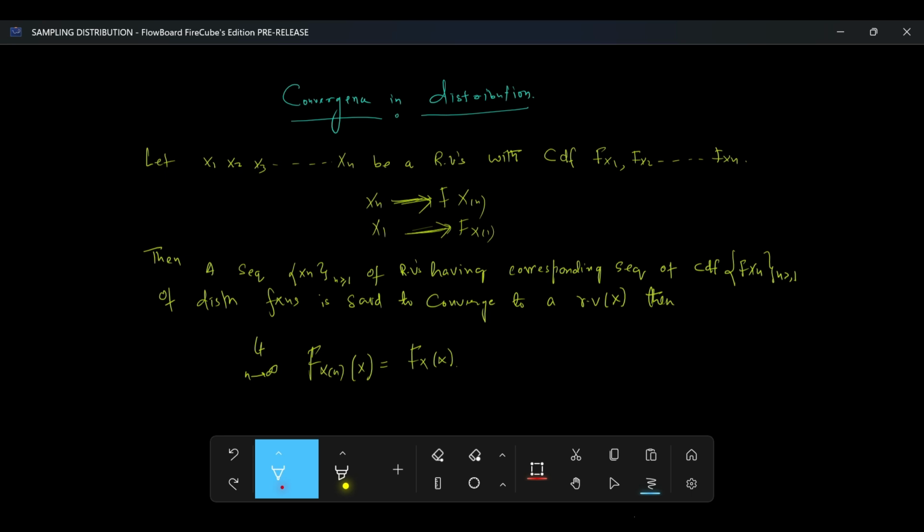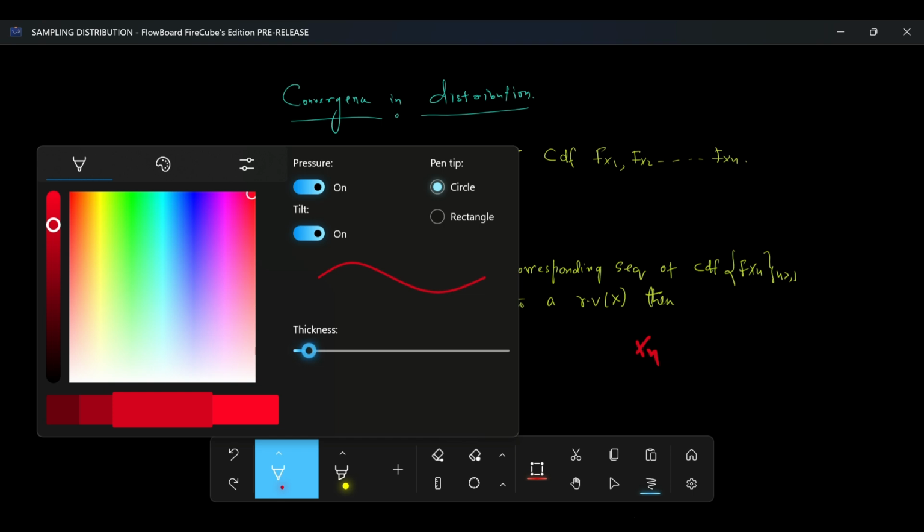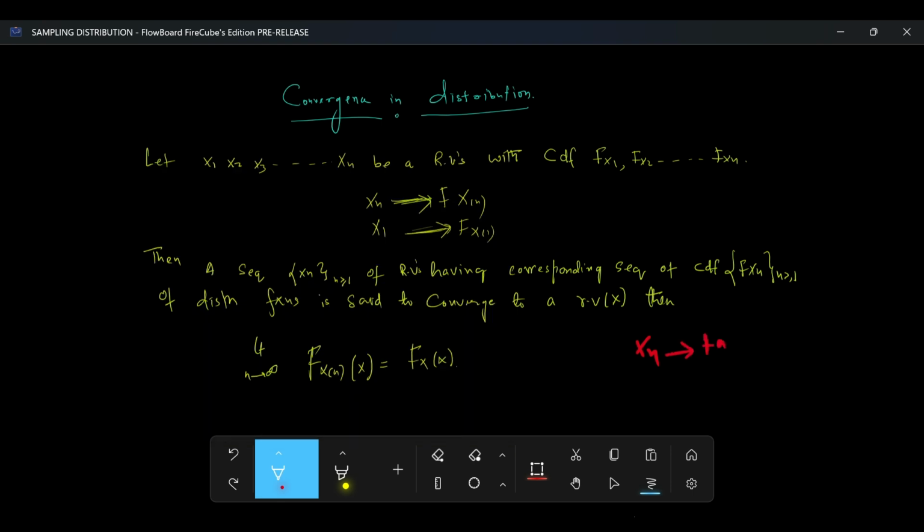So see, this is my Xn. When we take the limit n tending to infinity, if this F of Xn, this is my CDF of the nth random variable, gets transformed into some other CDF, that is CDF F of X, then we say this F of Xn will converge to F of X in distribution.